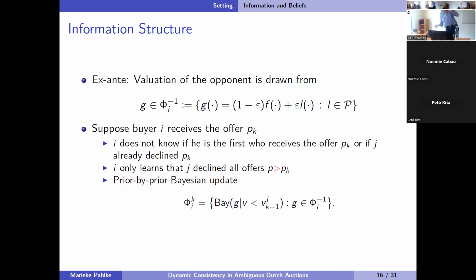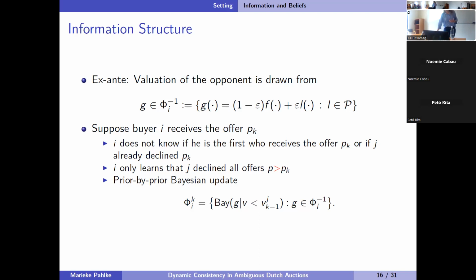However, since we have this coin toss, suppose I get the offer PK. I don't know if I'm the first to get this offer, or if the other buyer already rejected this offer. So from getting this offer, I only learn that the other buyer rejected any price which is strictly higher than this. And then we can just do Bayesian updating on this.